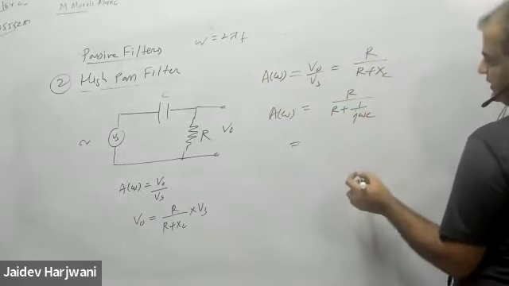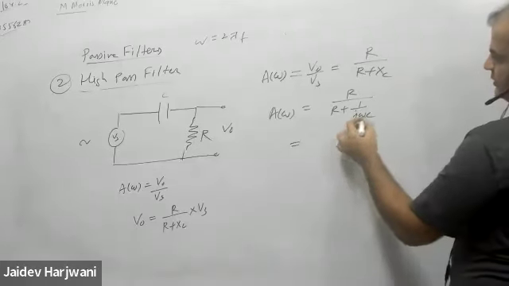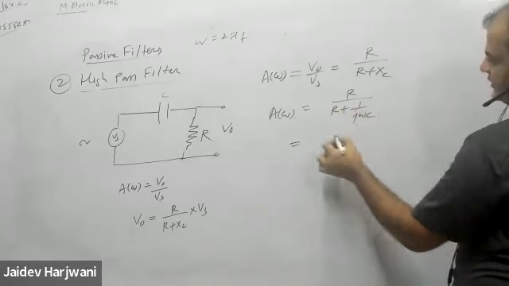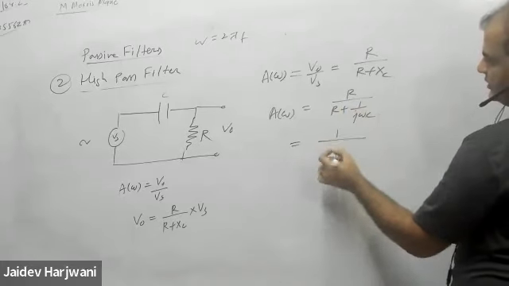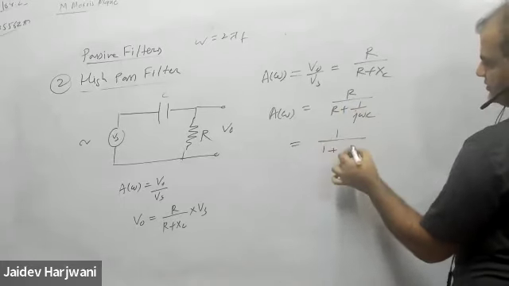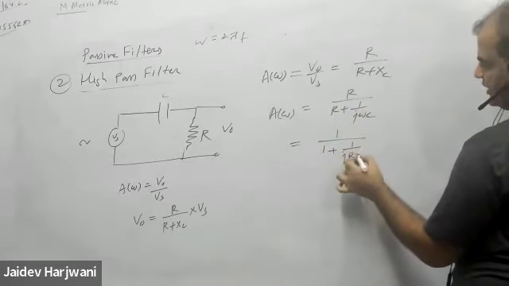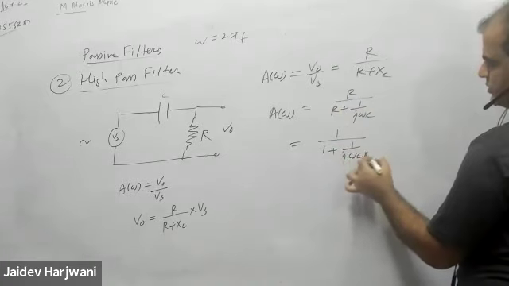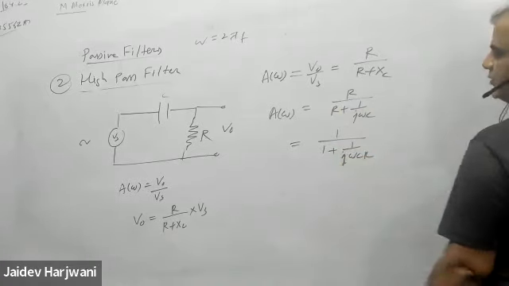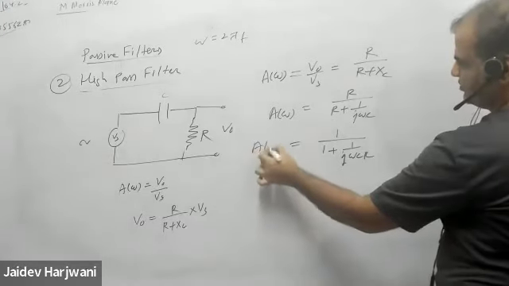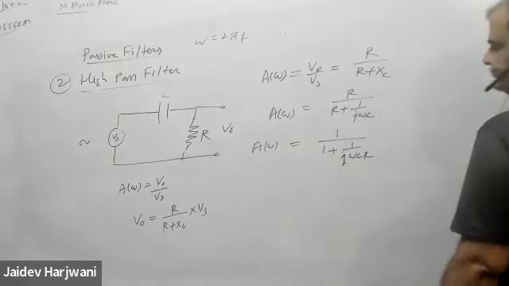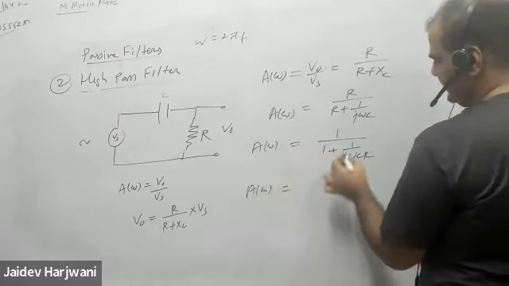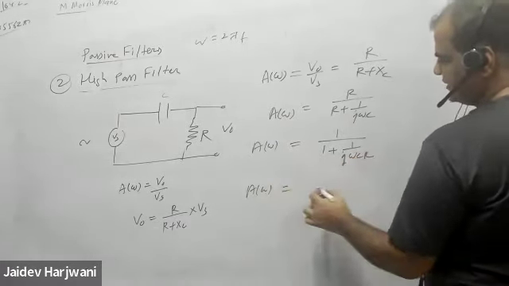Okay. And then now you write what? You take R common. So this becomes 1 plus 1 by j omega C R. Okay, A is the function of frequency. And now if you want, you can define 1 by CR as the cutoff frequency.